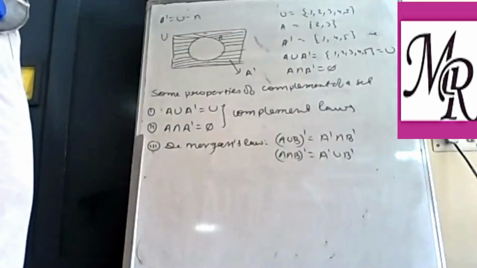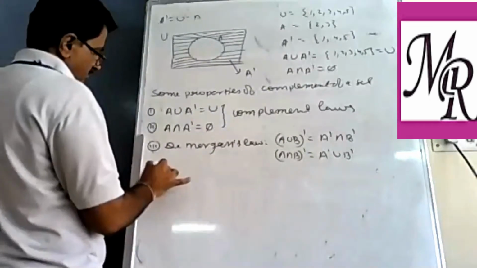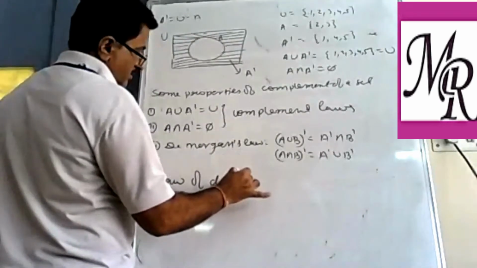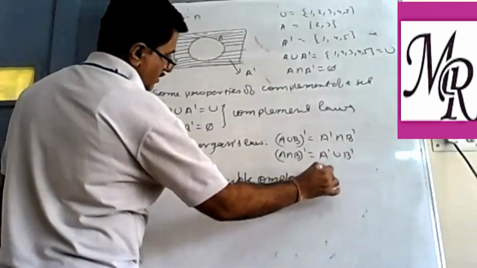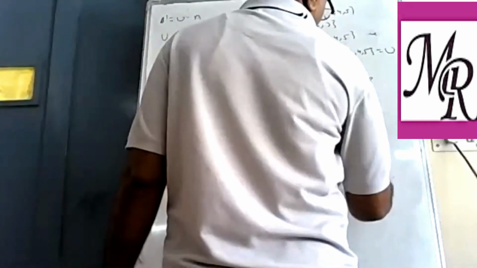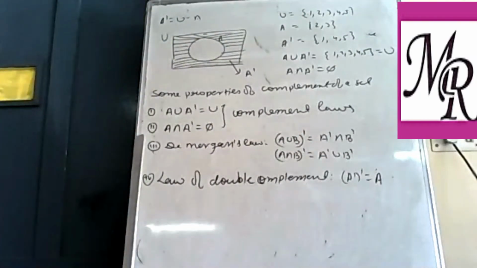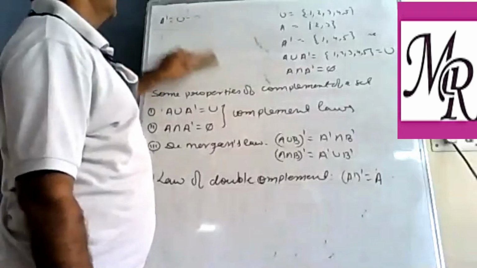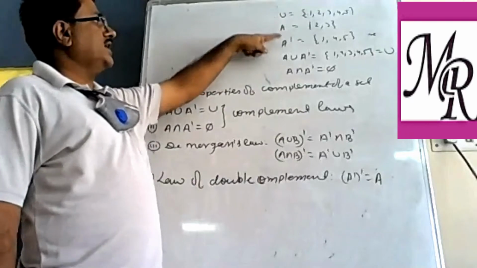Next is the fourth law, the law of double complement. The complement of a complement is again that set A. Like you can see in this example, U equals these elements, A equals this, and A complement this.